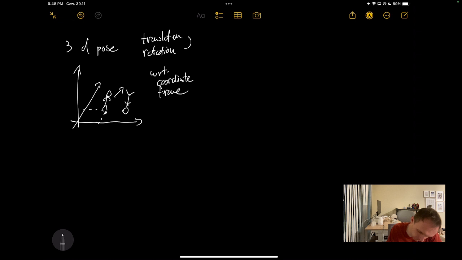What I mean is there needs to be some kind of zero point with respect to which we are measuring the pose of the robot. If our coordinate system started somewhere else, that would be a completely different pose, and the numerical value of the pose would be completely different. So that's a pretty important point.